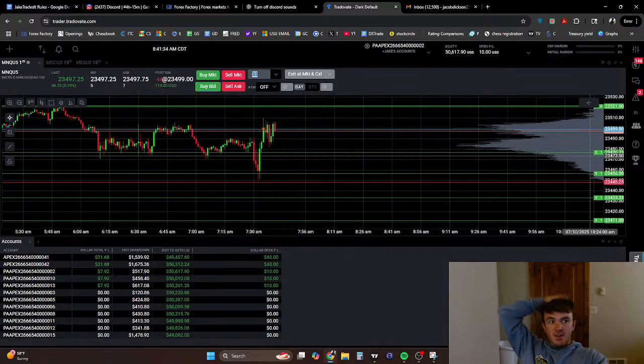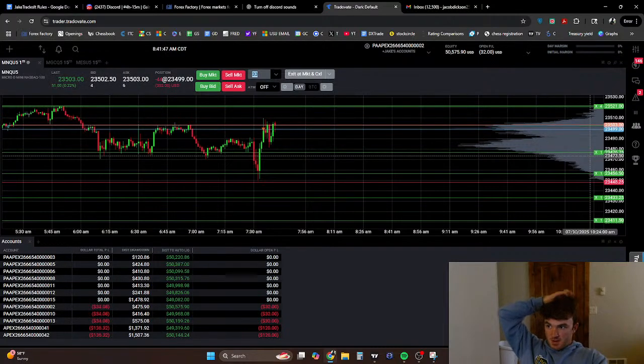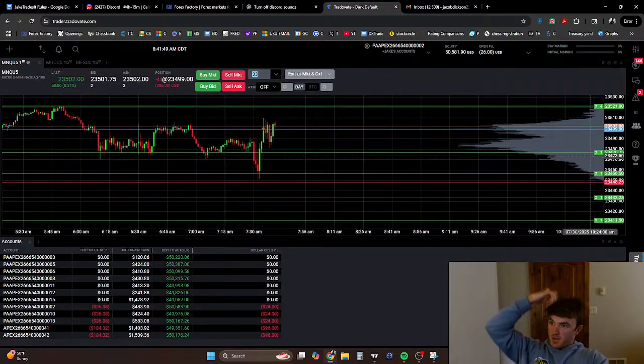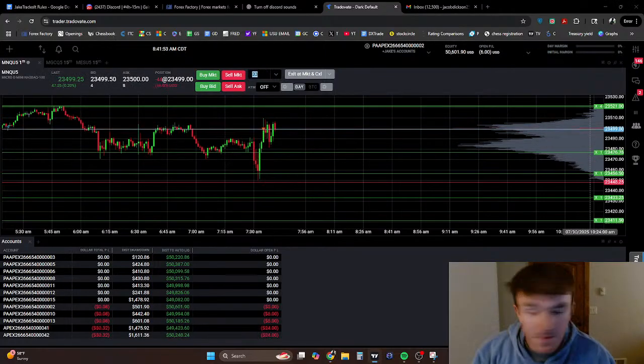Once again, I like going into the market trying to fade what everyone else is thinking. Everyone else probably thinks look away sweep, we're going to continue higher. That's what I would think most people would probably think. So I'm trying to fade whatever everyone else is doing. That's kind of the idea, right?